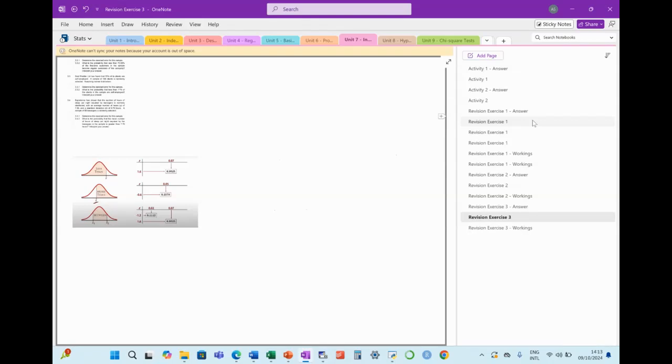Then revision exercise 3 has got both. That's why I was saying if you practice 1, 2, and 3, just the revision exercises, forget those other exercises, you'll be fine for learning unit 7. Okay. Right.